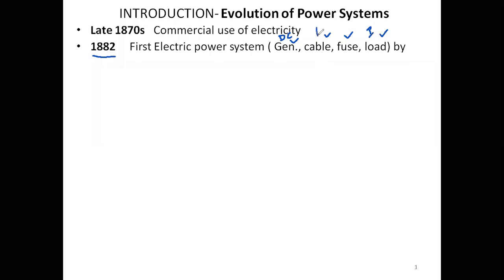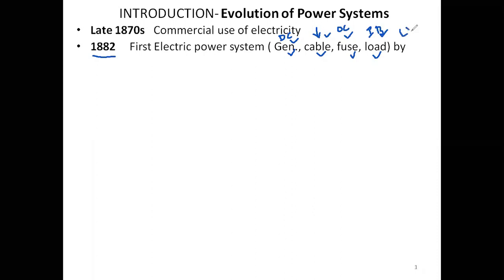To transmit the power we had the cable, and for over-current protection we used a simple protection device, the fuse. So the first electric power system consisted of a DC generator, cable, an over-current protective device, the fuse, and the load, an incandescent bulb.